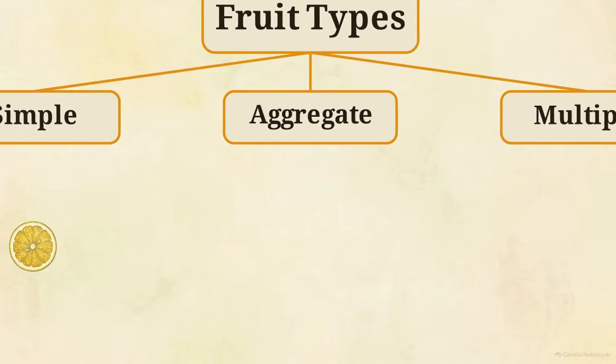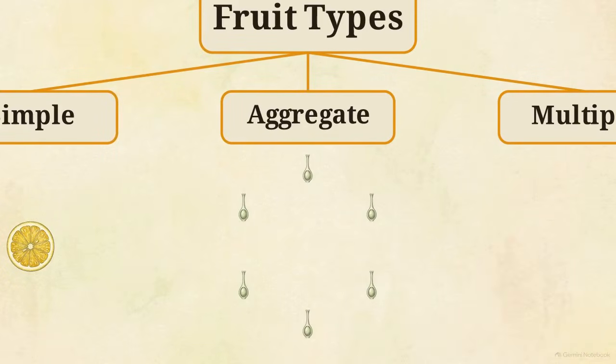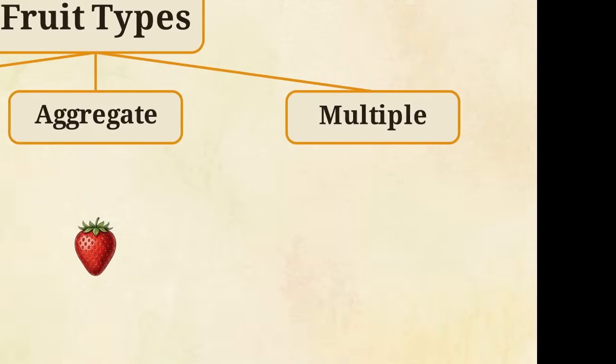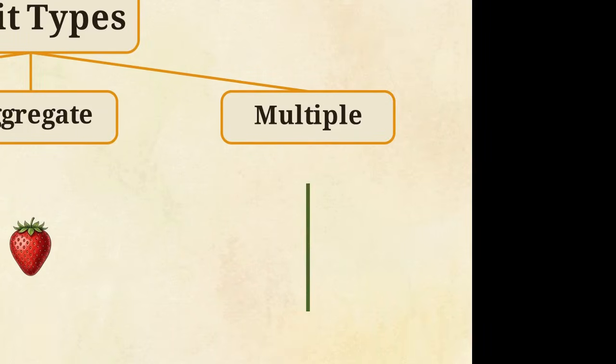Aggregate fruits, or Etaerios, also come from a single flower, but one that has multiple free-floating carpels. Each independent carpel develops into a tiny fruitlet, clustering together on the receptacle, just like the achenes on the outside of the strawberry. Multiple fruits, or syncarps, scale up even further.